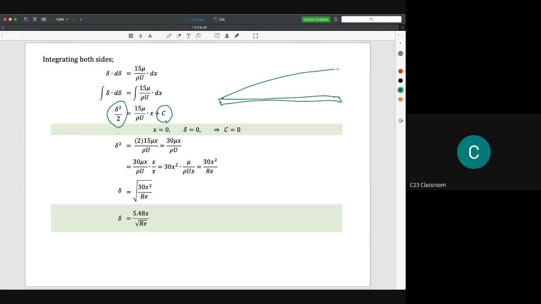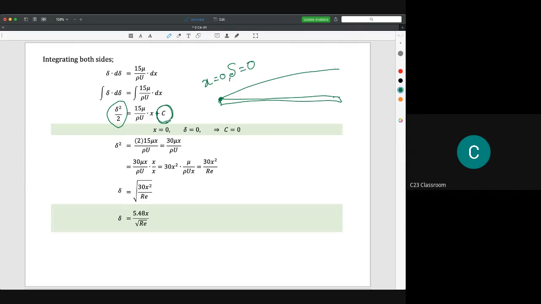We need to put in the boundary condition. Let's say we have the boundary layer diagram like this. Normally we take the point at the beginning, at x equal to 0. Delta is equal to 0, then c is equal to 0.